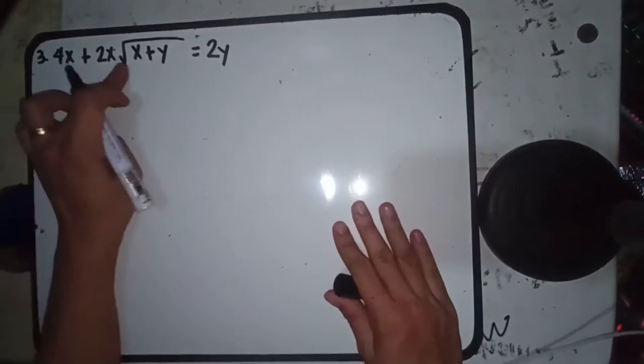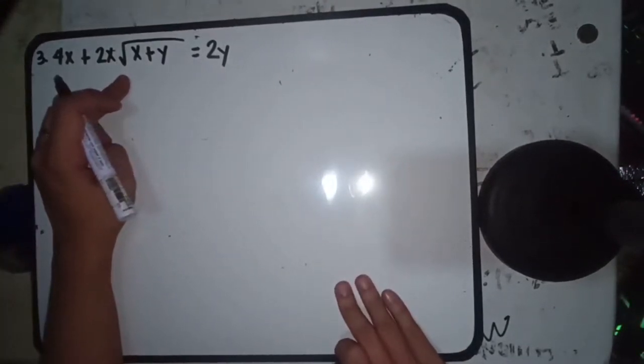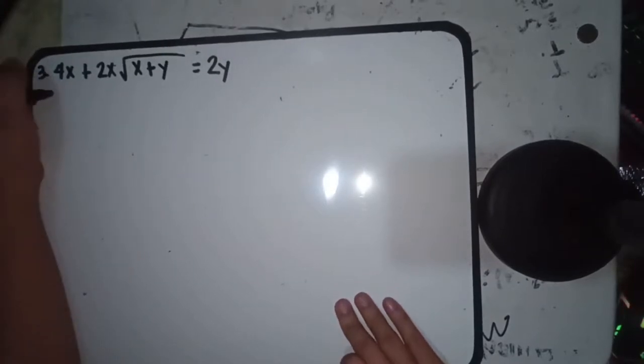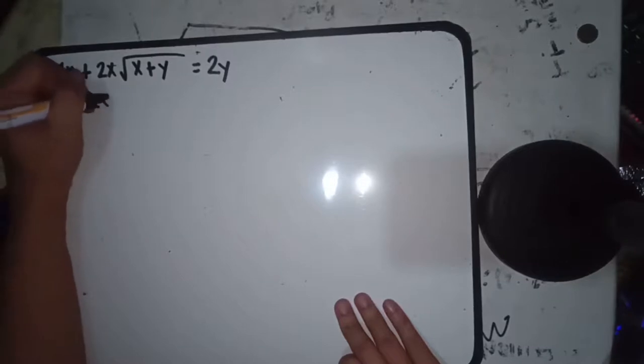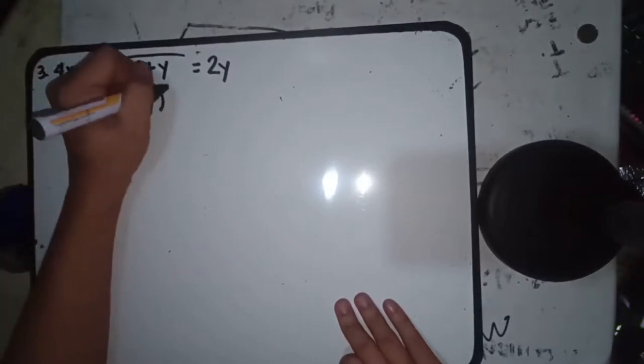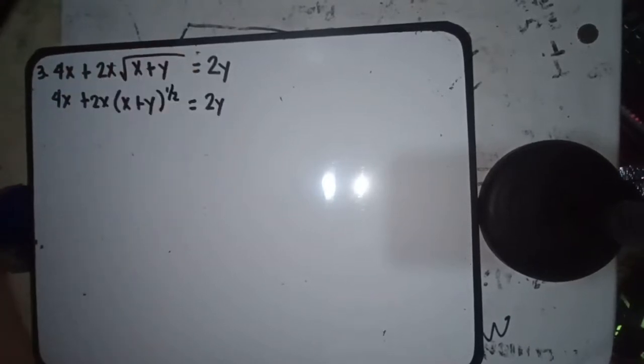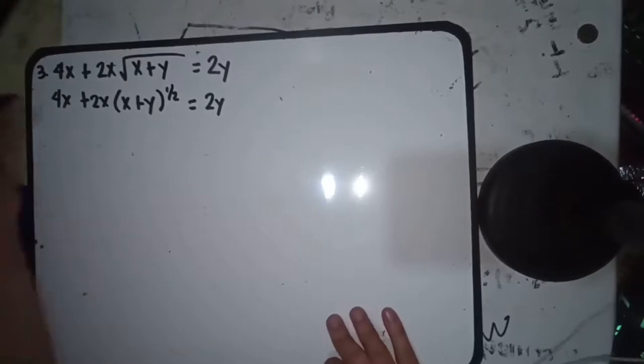In this case, again, we just write it in exponential form. So, we'll have 4x plus 2x multiplied by x plus y raised to the power of 1/2, that is equals to 2y.